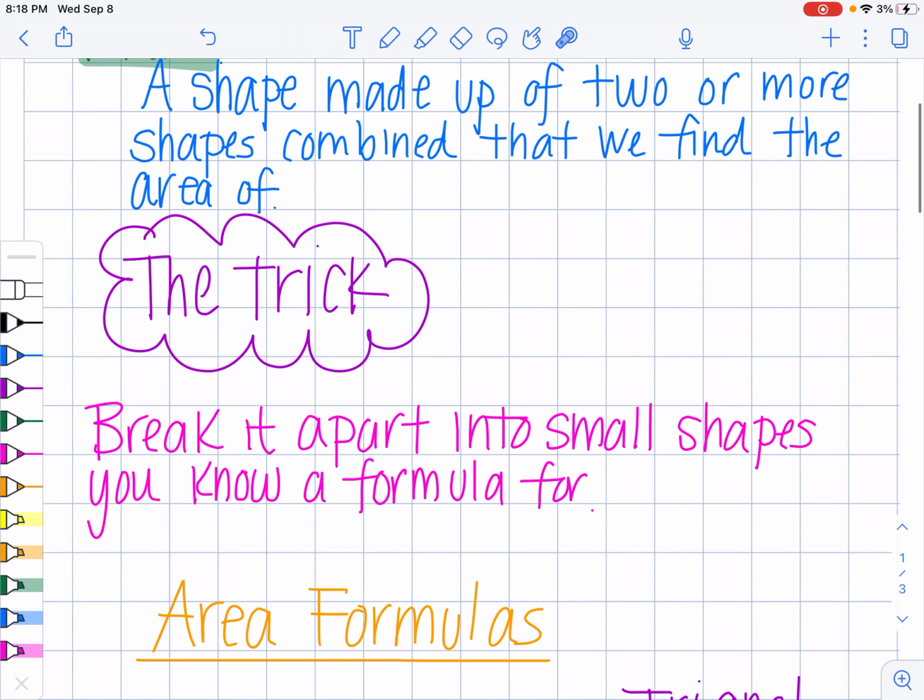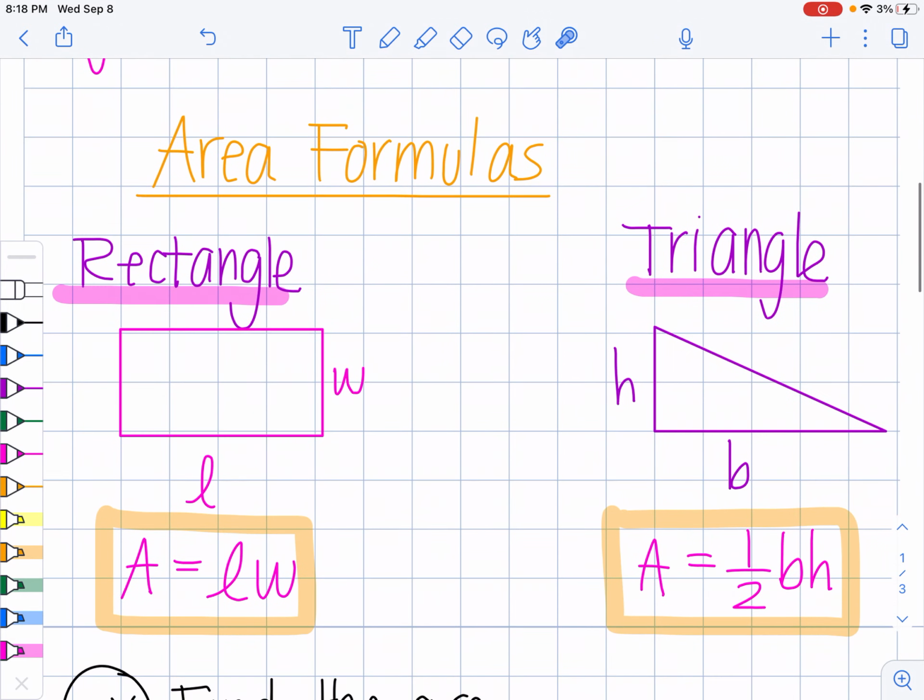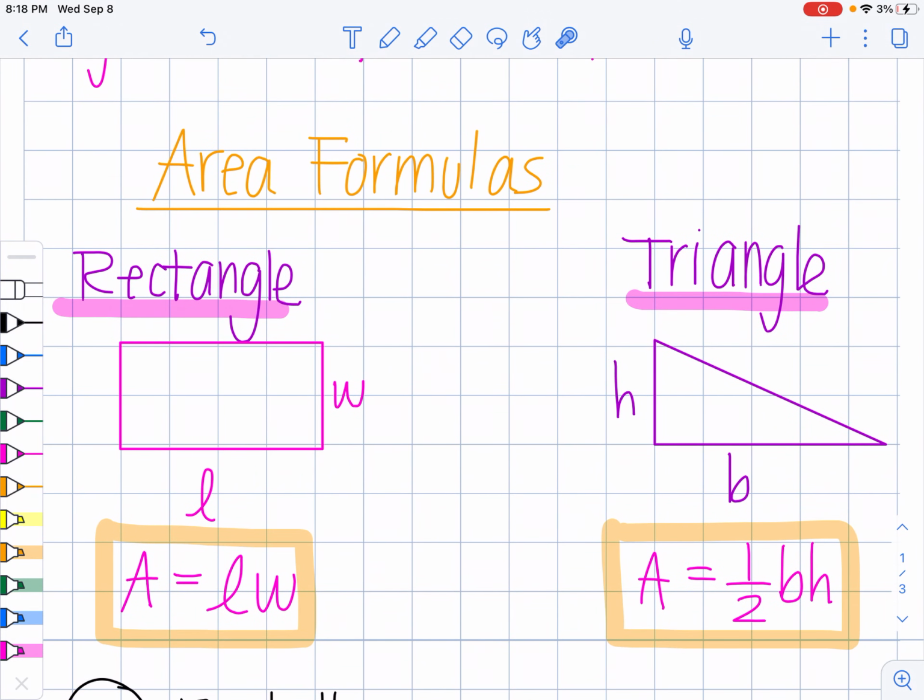The trick is we want to break apart the big shape into small shapes that we know the area formula for, so that we can find each piece individually and then add them up. So we're just going to review our two basic area formulas. We have an area for a rectangle. A rectangle looks like this.